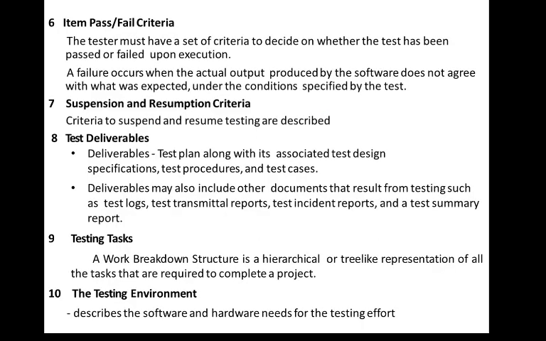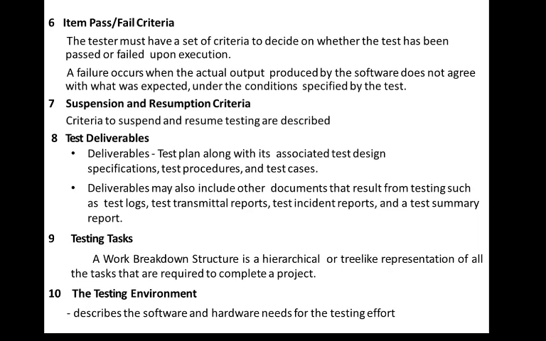And the next component, item pass or fail criteria. Given a test item and test case, the tester must have a set of criteria to decide whether the test has passed or failed upon execution.